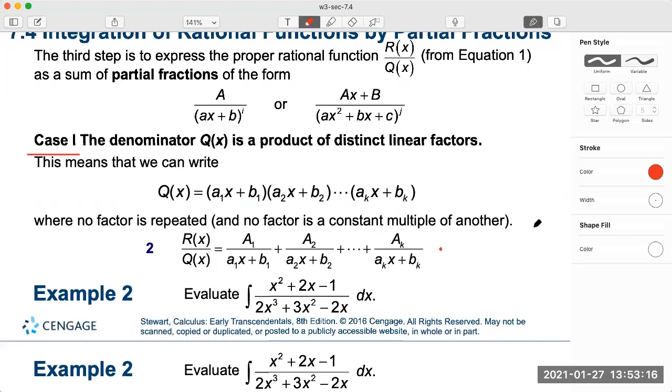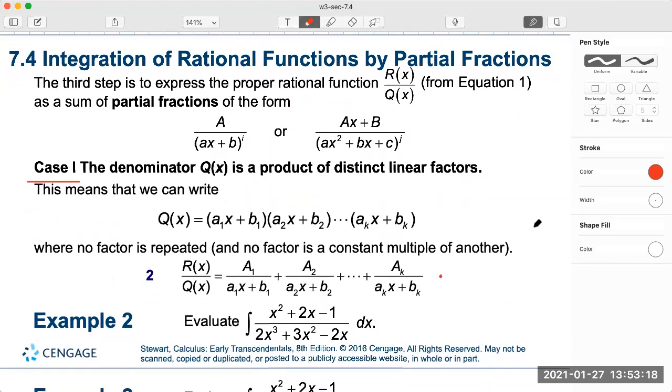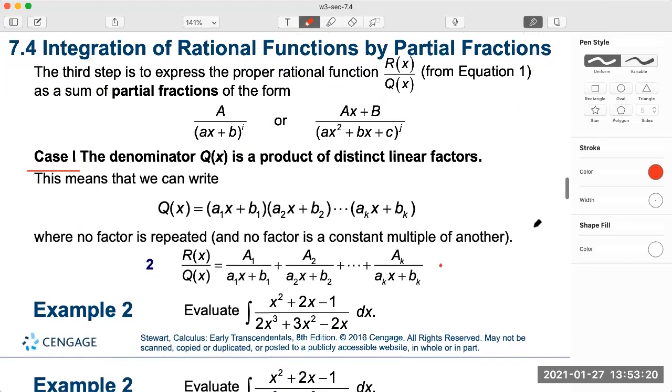Okay. But life sometimes is not that easy. Sometimes in the denominator, there are multiple terms, right? They are a product of many things. In the first case, suppose the denominator is a product of linear functions, which is the polynomial of degree 1, the first term, second terms, etc. Okay, then how can we do this?